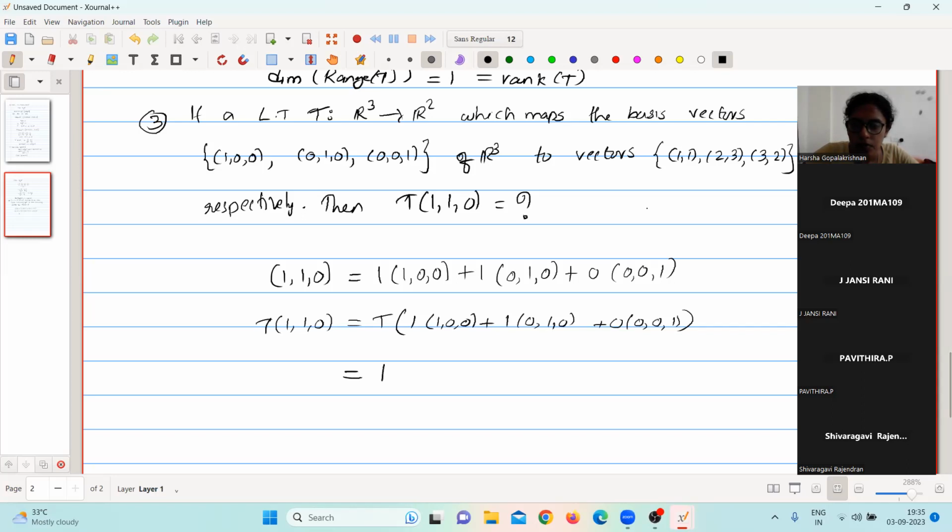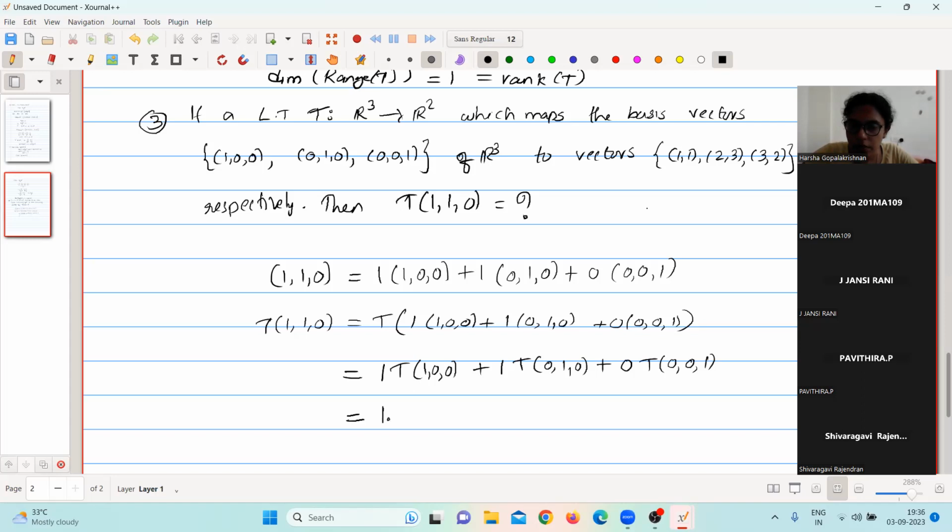One into T of (1,0,0), plus 1 into T of (0,1,0), plus 0 into T of (0,0,1). Correct. Now the job is very easy because we know the values at (1,0,0), (0,1,0) and (0,0,1). It is given respectively as (1,1), (2,3), (3,2). So what is the next step?